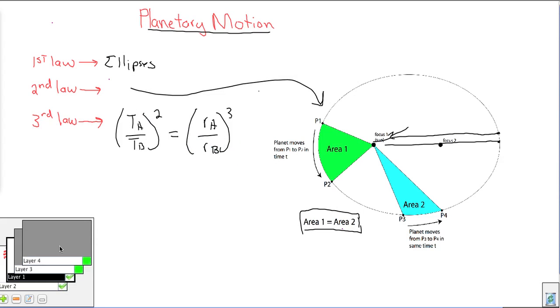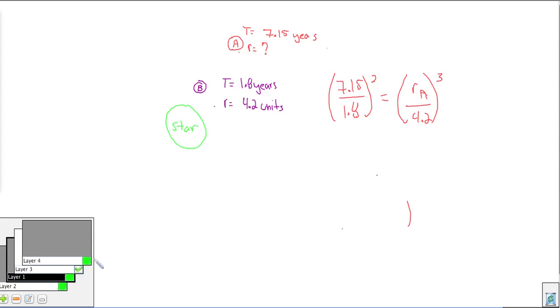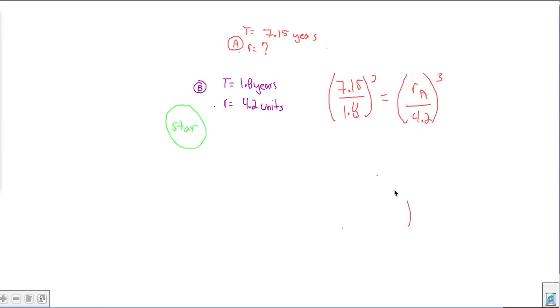So let me show you a couple of examples of this. Here's an example where we have a star and two planets going around that star, planet A and planet B. What if we knew their periods, the amount of time it took them to go around?